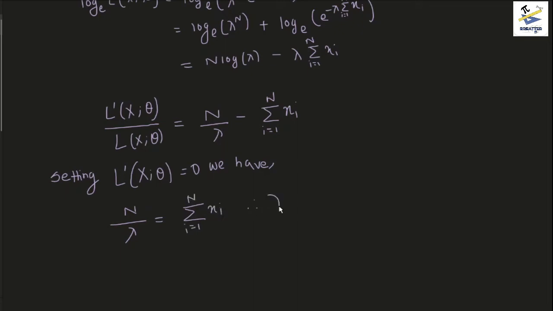Therefore, the maximum likelihood estimator basically says that the value of lambda for which the probability will be maximized is basically 1 upon the sample mean, which is the answer.